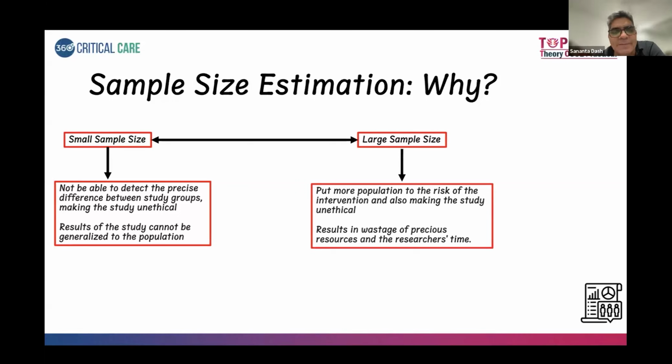So both can be a problem. Suppose you're testing a drug which has a very significant side effect profile, and you don't need to test it in many individuals or even in humans. In those cases, a small number will be ethical practice.